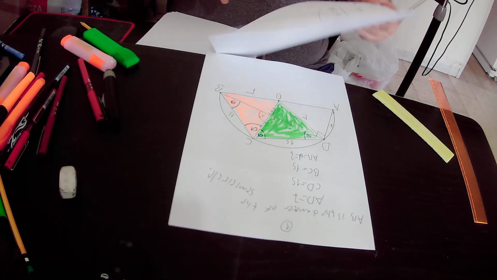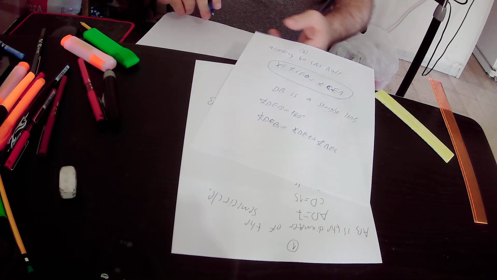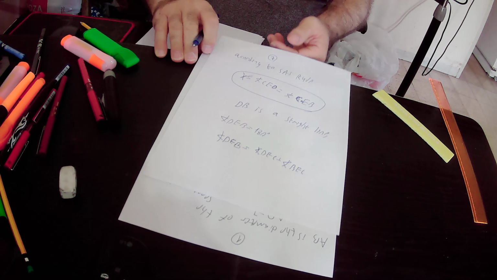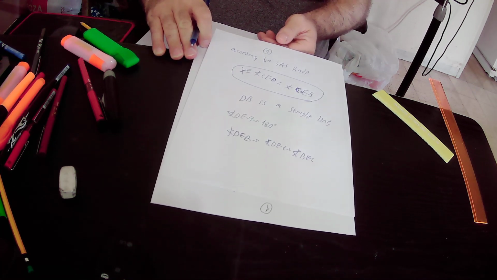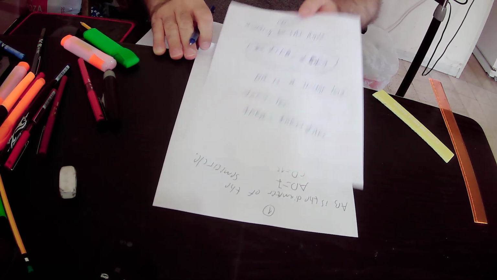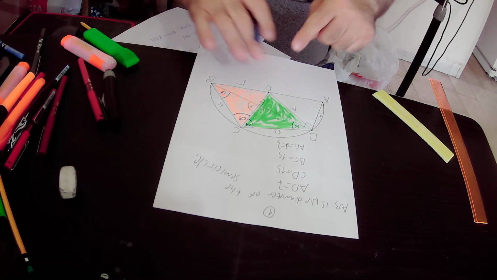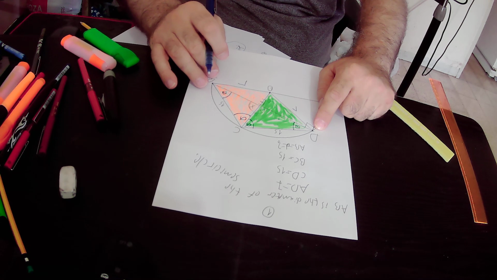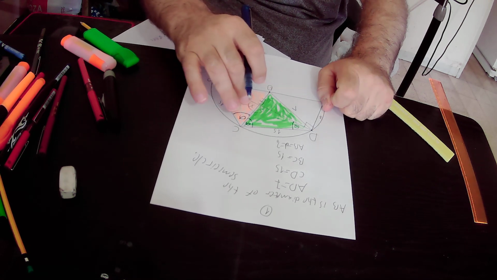Okay, the size of angle DEB is actually the sum of the two angles, angle DEC plus angle BEC. Okay, the sum of angle DEB is this angle plus this angle.